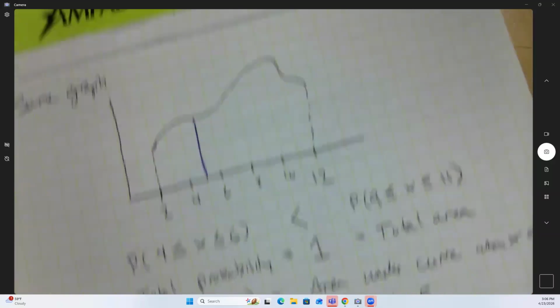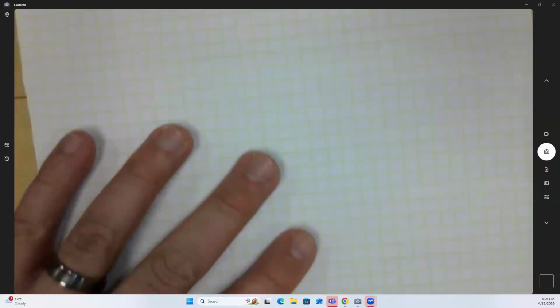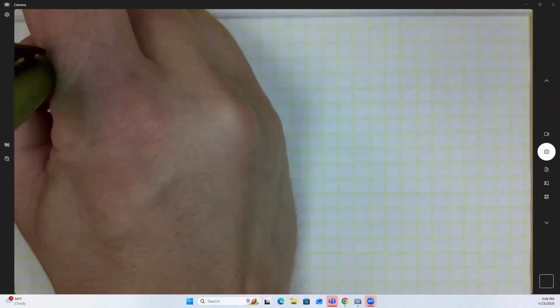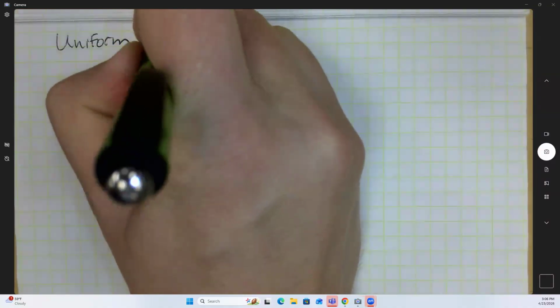All right, so let's talk about two types of continuous probability distributions that are used pretty frequently. They're the two that we'll study in this class. The first one is called a uniform distribution.